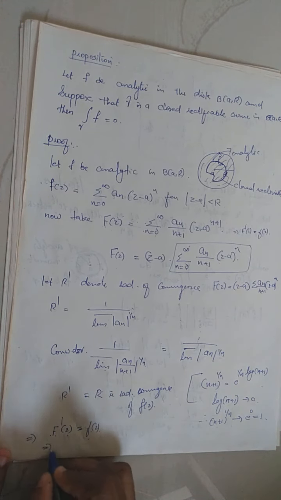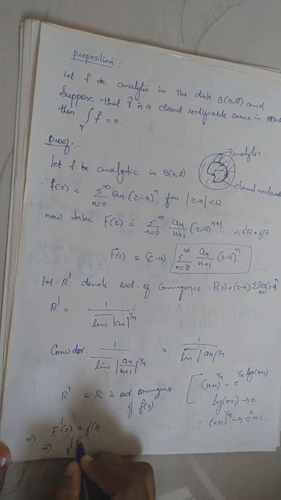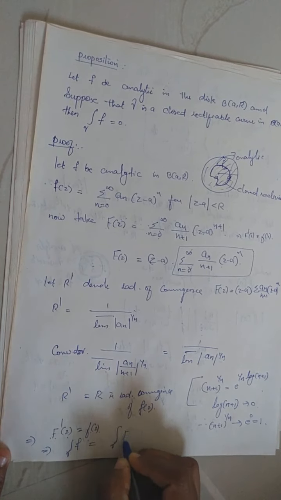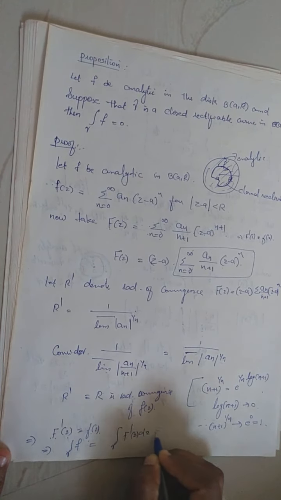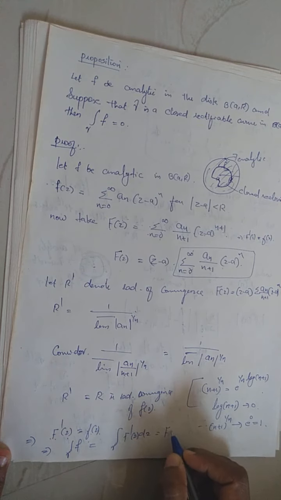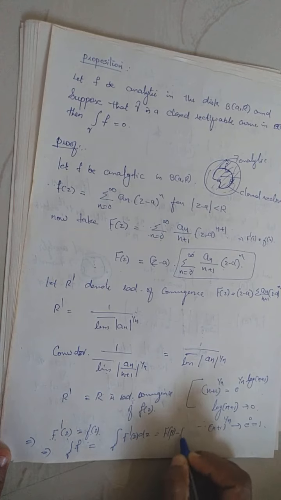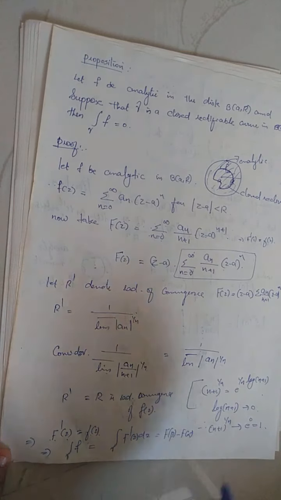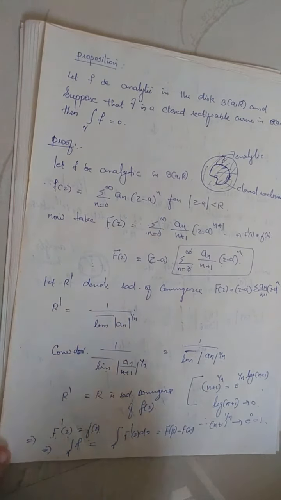So this implies the integral over gamma of f can be written as the integral over gamma of F'(z) dz, which is equal to, the integral and derivative cancelling, F(beta) minus F(alpha), where alpha and beta are the limits of gamma.